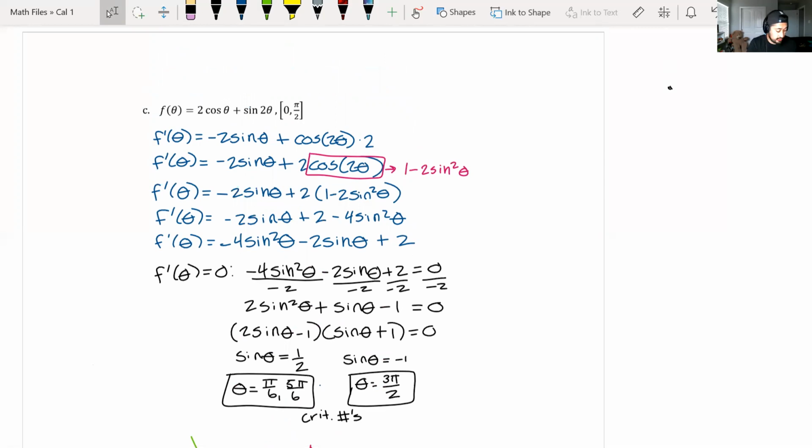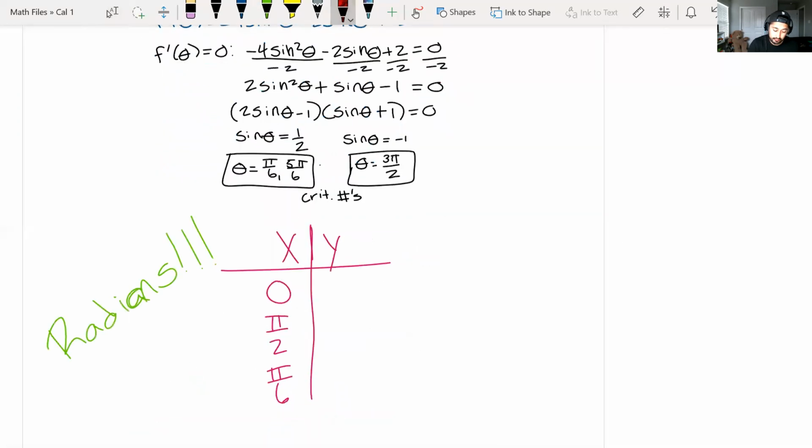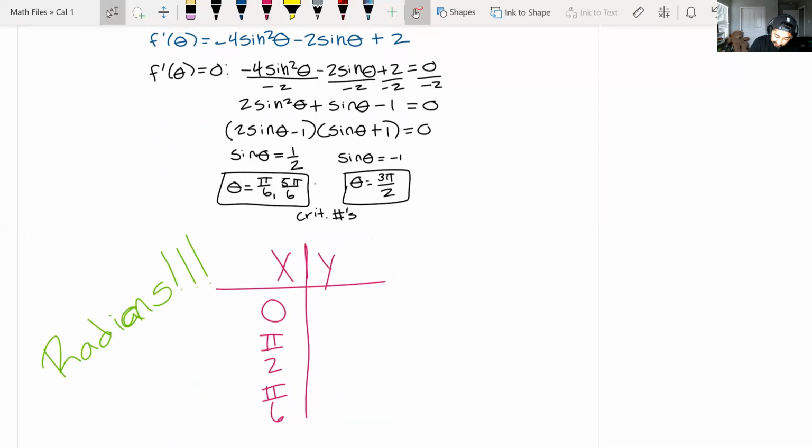Table feature, 2 cosine x plus sine 2x. Enter, enter, enter. Let's go down. And if I type in 0, I get 2. If I type in pi over 2, I get 0. If I type in pi over 6, I get 2.